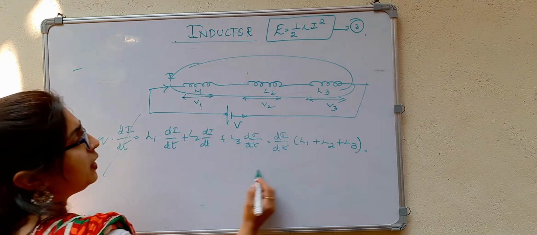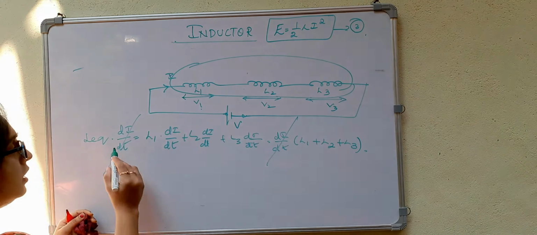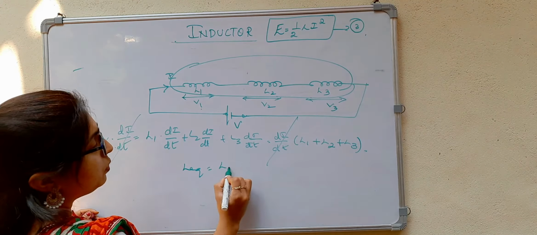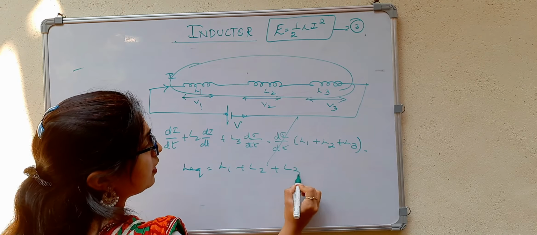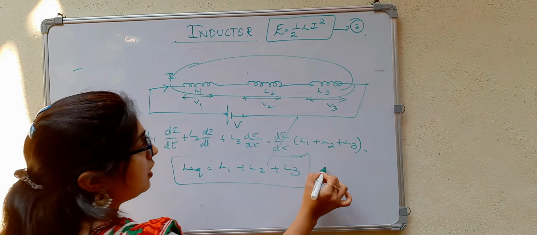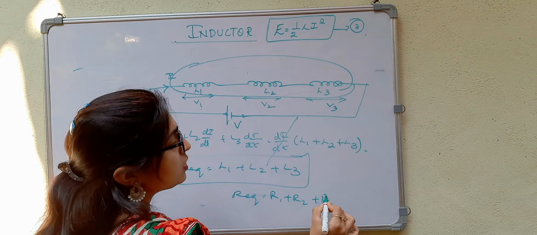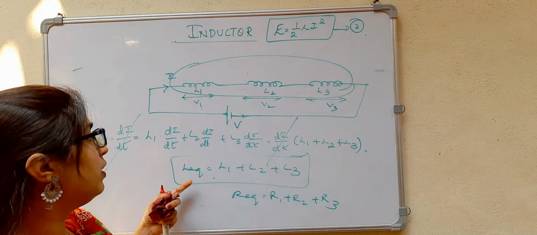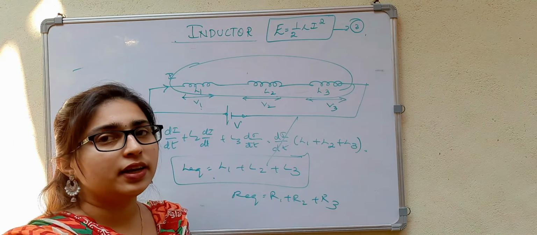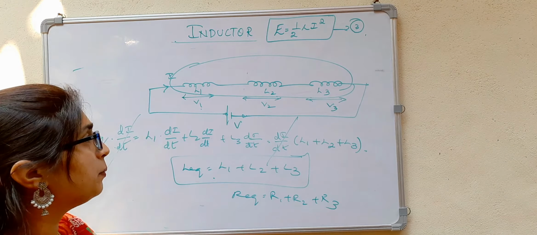So di by dt gets cancelled, and L equivalent is equal to L1 plus L2 plus L3. This is similar to resistors connected in series, where R equivalent was equal to R1 plus R2 plus R3. So here also L equivalent is greater than the greatest inductance present here.